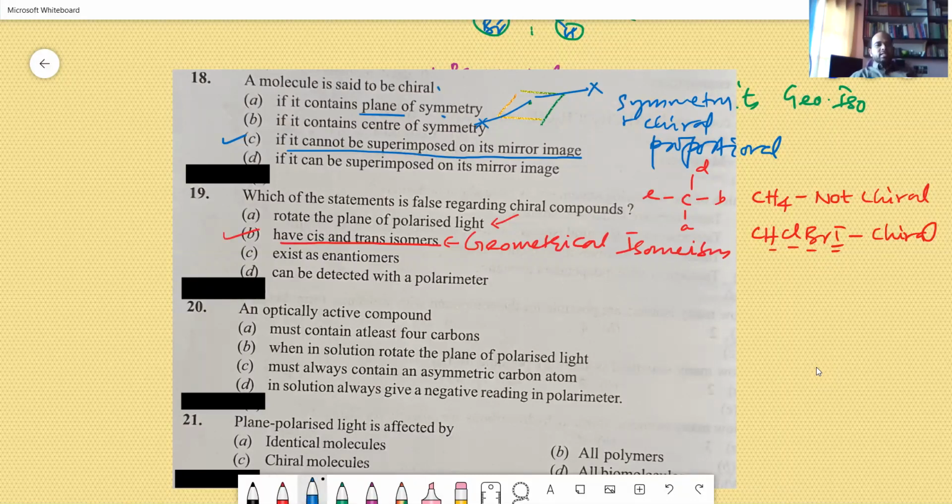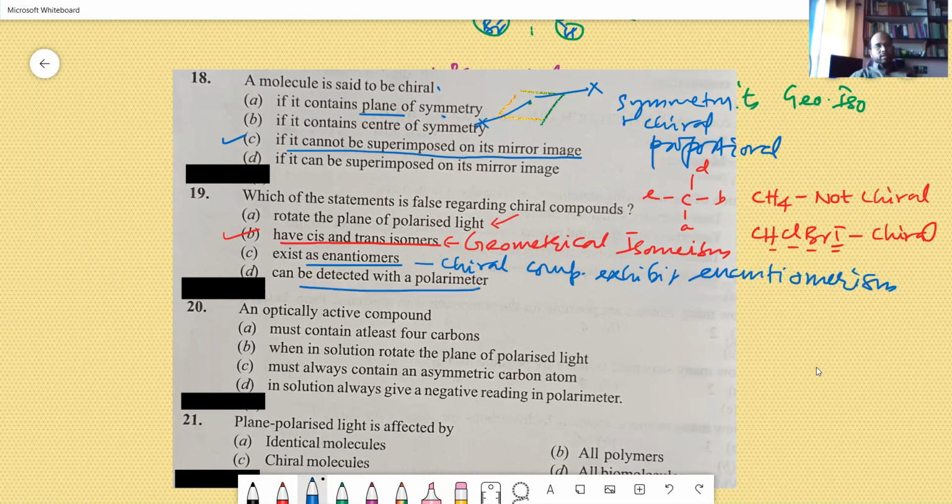Next, they exist as enantiomers. Chiral compounds exhibit enantiomerism. Can be detected with a polarimeter. A polarimeter is there in your lab, so if you get a chance, you can do an experiment with it. It's a big instrument in which you put a solution containing the sample with a chiral molecule.